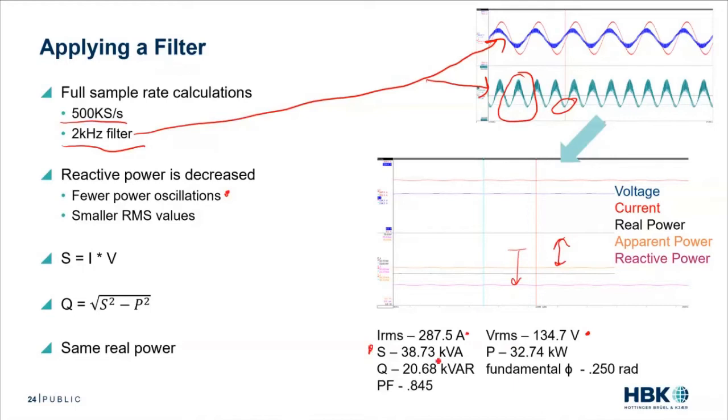Our apparent power, 38 kVA, down from 60. Our real power, the same, because real power is real power. Reactive power, significantly decreased. And now we have a fundamental phase that's the exact same again, because our 0 timing is not changing. Now our power factor, our P over S, is 0.845.